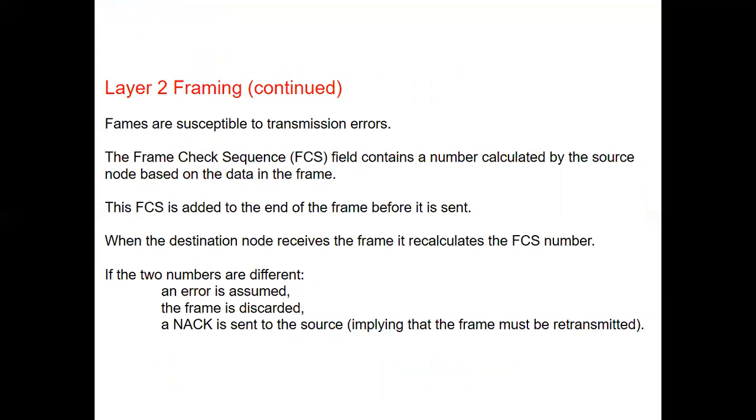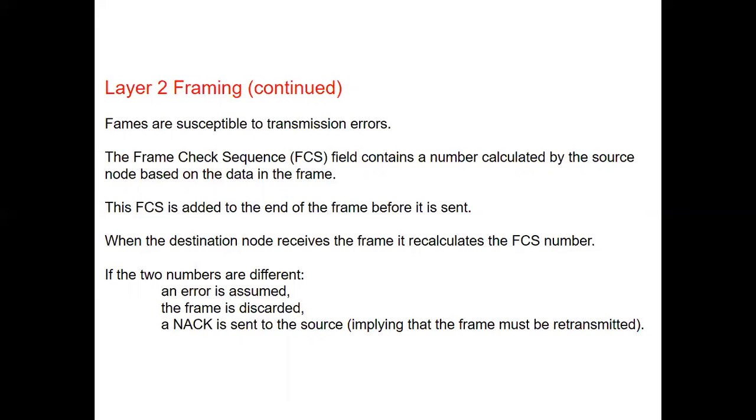Frames are susceptible to transmission errors. The frame check sequence field contains a number calculated by the source node based on the data in the frame. The FCS is added to the end of the frame before it is sent. When the destination node receives the frame, it recalculates the FCS number.